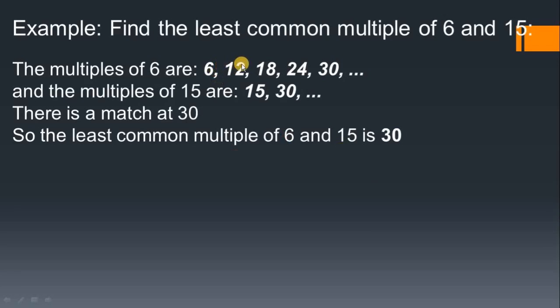So you just pointed out one thing logically. Suppose you have numbers like 6 and 15. In these two numbers, the greater number is more important logically, because the LCM will be more than this greater number, or equal to the greater number.